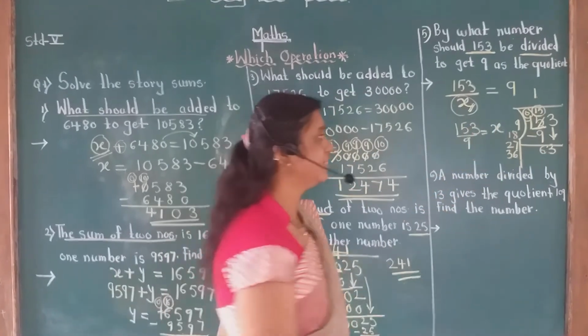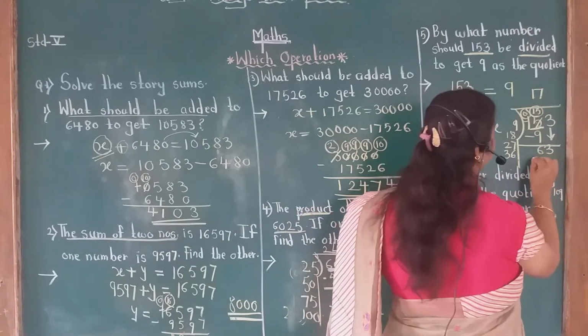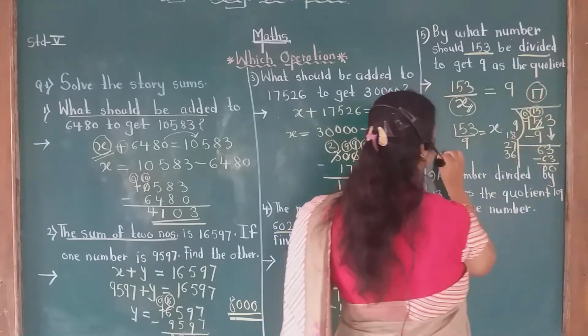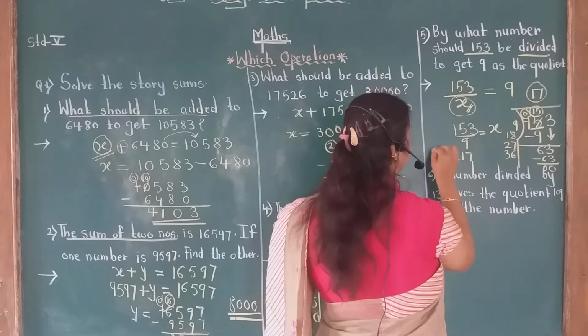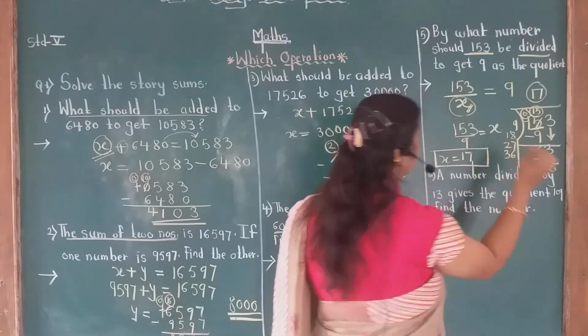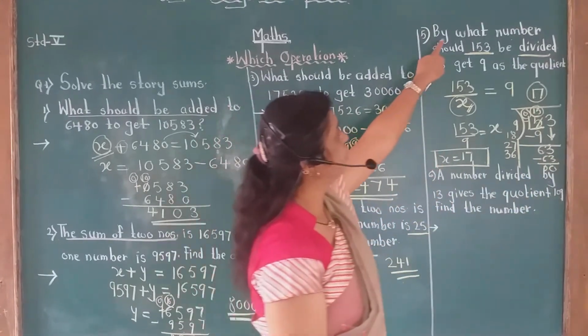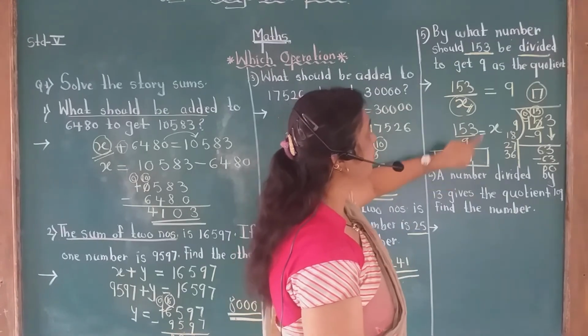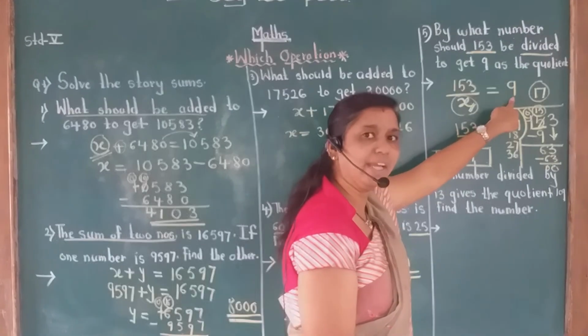Yes. 9 sevens are 63. So your answer is x is equal to 17. Understood? So if 153 is divided by 17, the quotient will be 9. Understood?